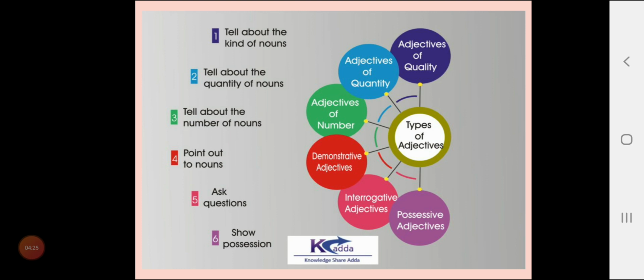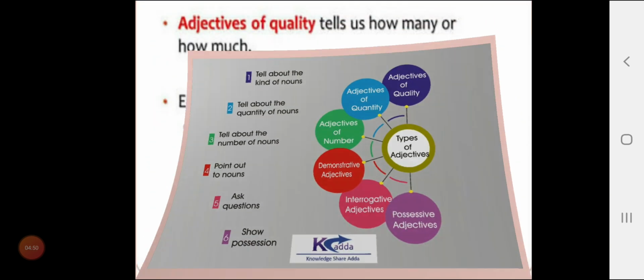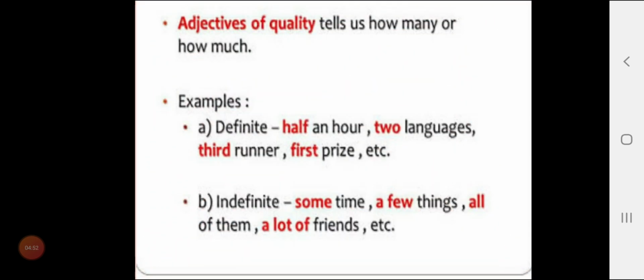Possessive adjectives are used to show possession, like my, your, his. These words show possession and therefore they are known as possessive adjectives. When we do exercises, it will be more clear to you. Now let us look at the individual definitions of all.